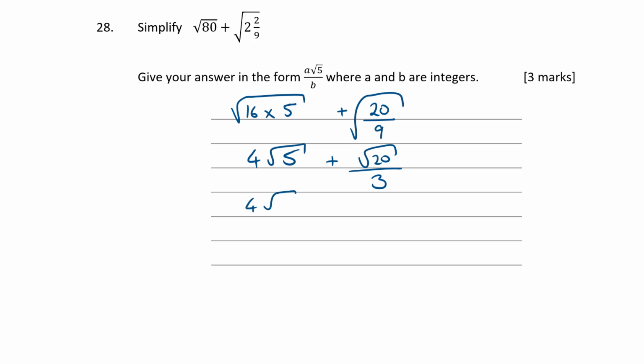So if I leave that one for now, 4 root 5 plus the root of 4 times 5 instead of root 20. Then I can break that up into two separate square roots, and the square root of 4 is 2. So that's going to leave me with 4 root 5 plus 2 root 5 over 3.